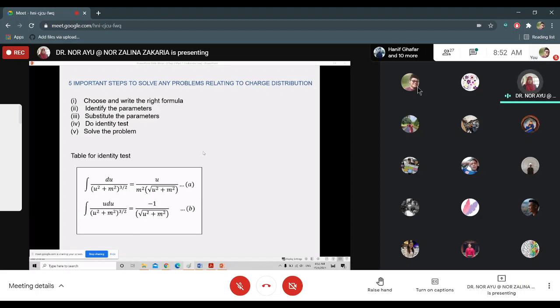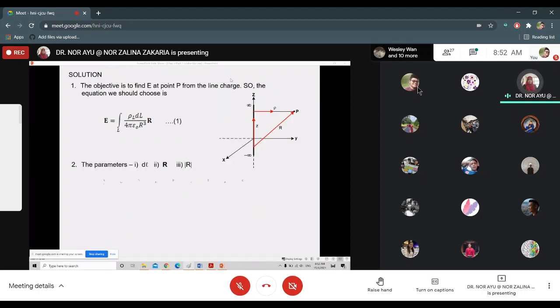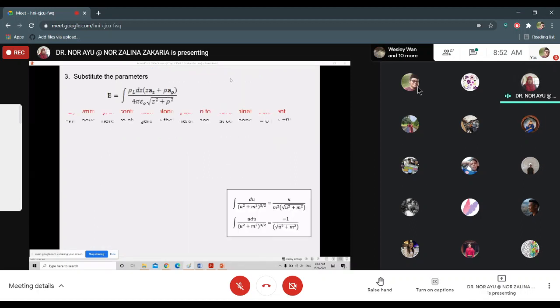So now, how to solve problems related to charge distribution? Charge distribution here means you need to solve the line charge, the surface charge, and also the volume charge. Like here, electric field due to the line charge or due to the surface charge.